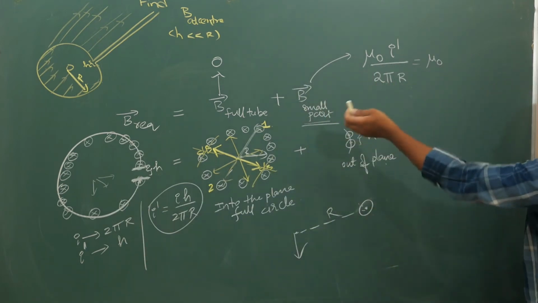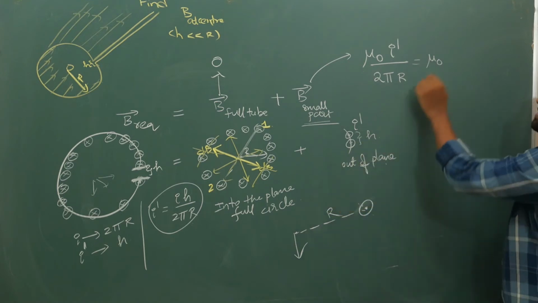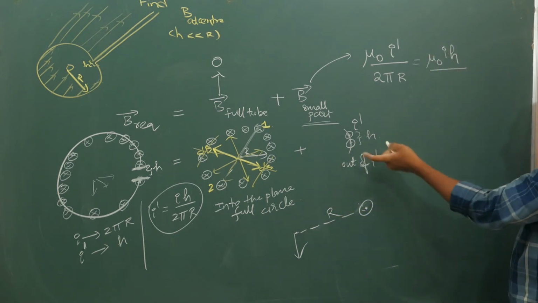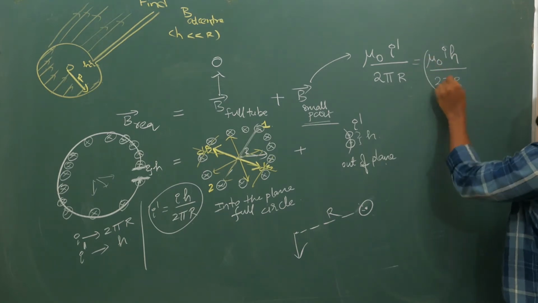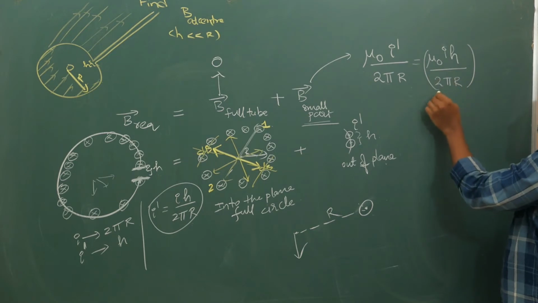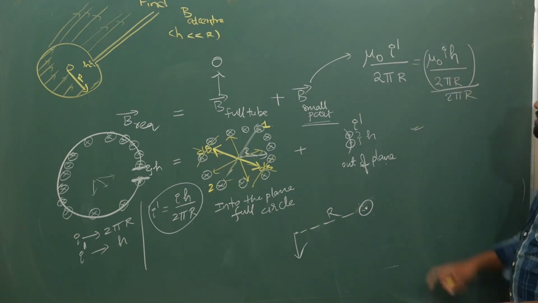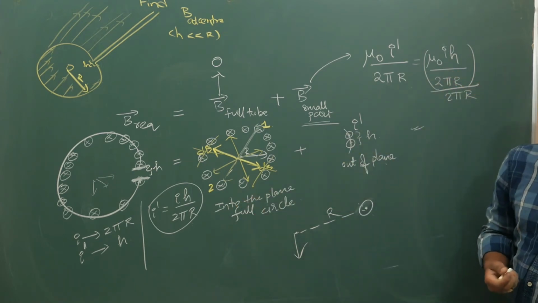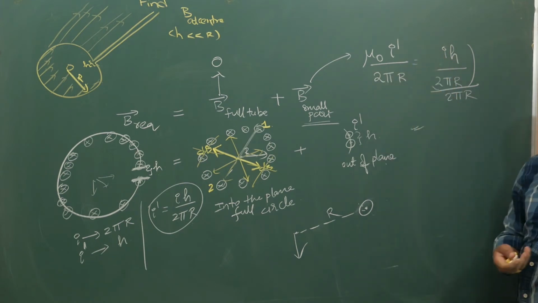In this case only magnitude is important, so that will become mu naught times I dash, where I dash is IH by 2 pi r, divided by one more 2 pi r. If you have any confusion, I will erase this part and keep mu naught out.